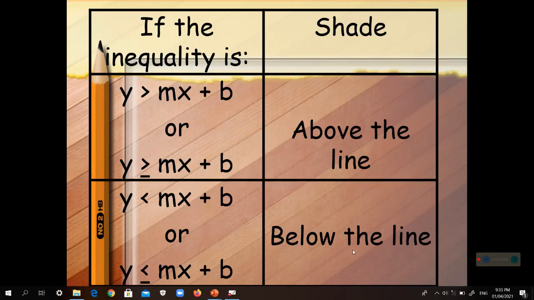Because the graph of a linear inequality is a half region of our Cartesian plane, unlike a linear equation, which is just a straight line. In inequality, you are going to have the so-called shaded region, or half of the Cartesian plane.